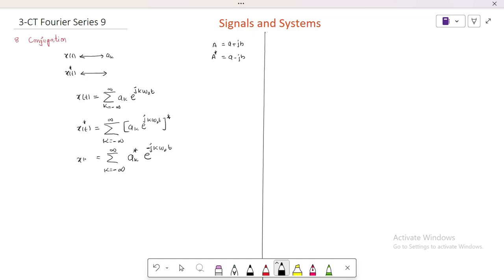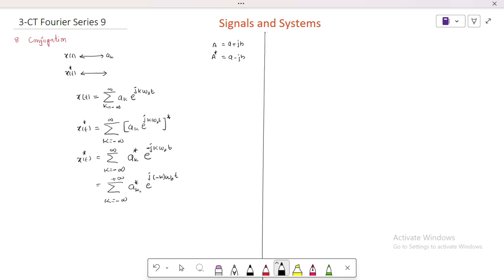So this is x of t complex conjugate. So I write it like this: sigma, k equal to minus infinity to plus infinity, a_k complex conjugate, e power j into minus k omega naught into t.